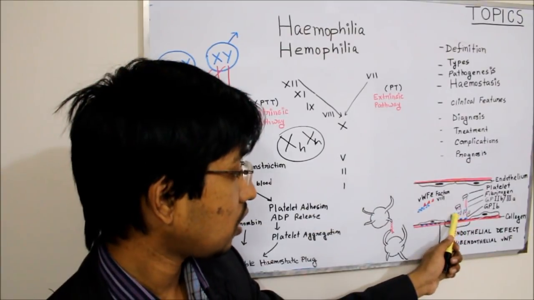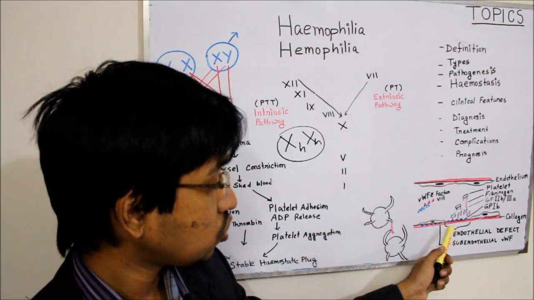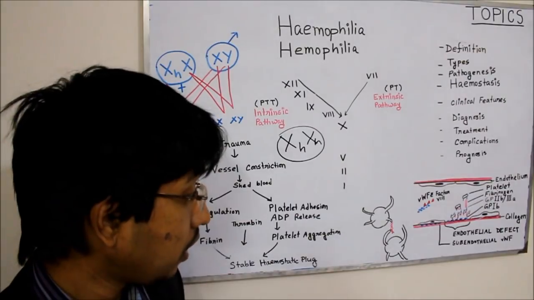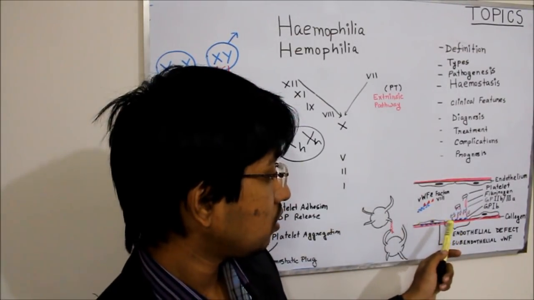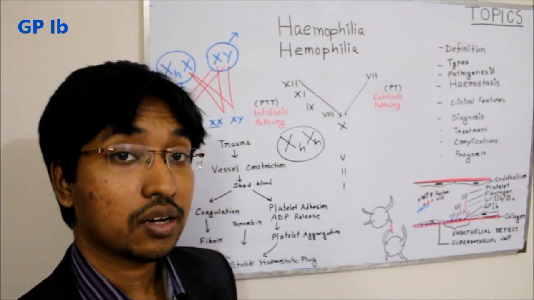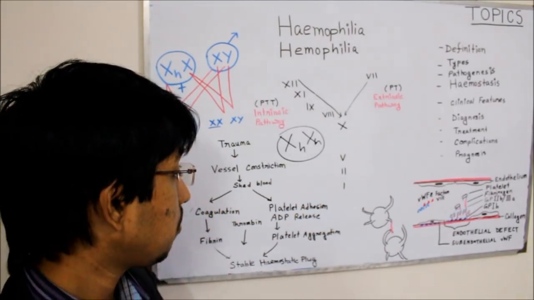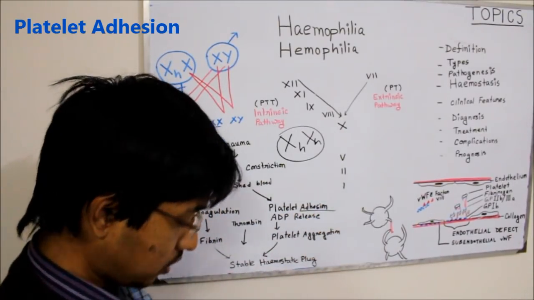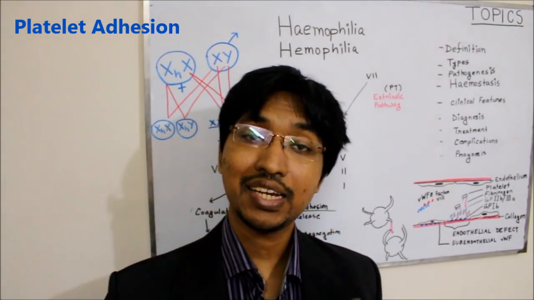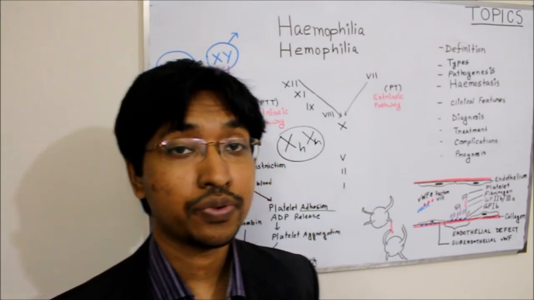You see, these I have drawn are platelets, and they will come and attach with these von Willebrand factors in the subendothelial collagen, and they will attach by using the GP1B glycoprotein on the surface of the platelet, and this is known as platelet adhesion. Always remember, a lot of my students get confused with the words platelet adhesion and platelet aggregation. So platelet adhesion occurs first.